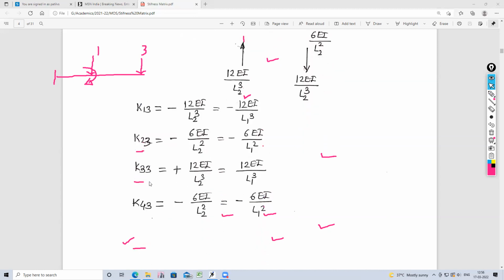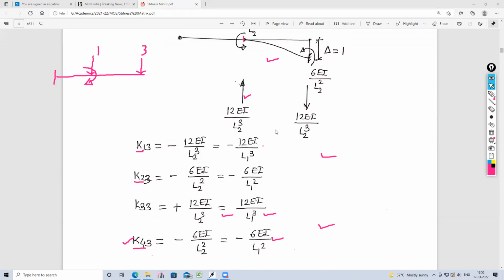And then what will be the fourth one? What is the fourth coordinate? The fourth coordinate is a moment now. So what is the moment at this point? It is anti-clockwise, correct? It is anti-clockwise, and the assigned coordinate is clockwise.